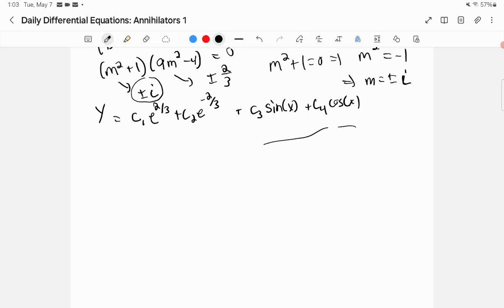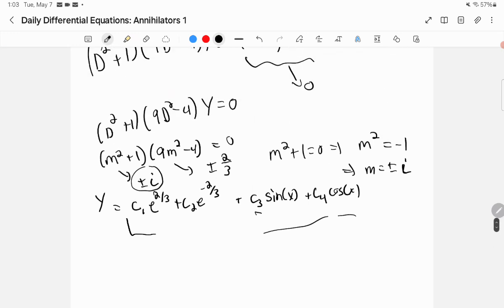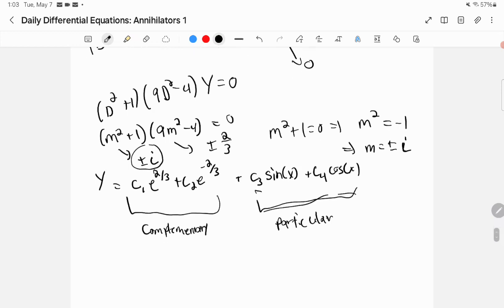So now we would like to find c3 and c4, because notice that this is actually the complementary solution. So this part is the particular, which means we should be able to find c3 and c4.